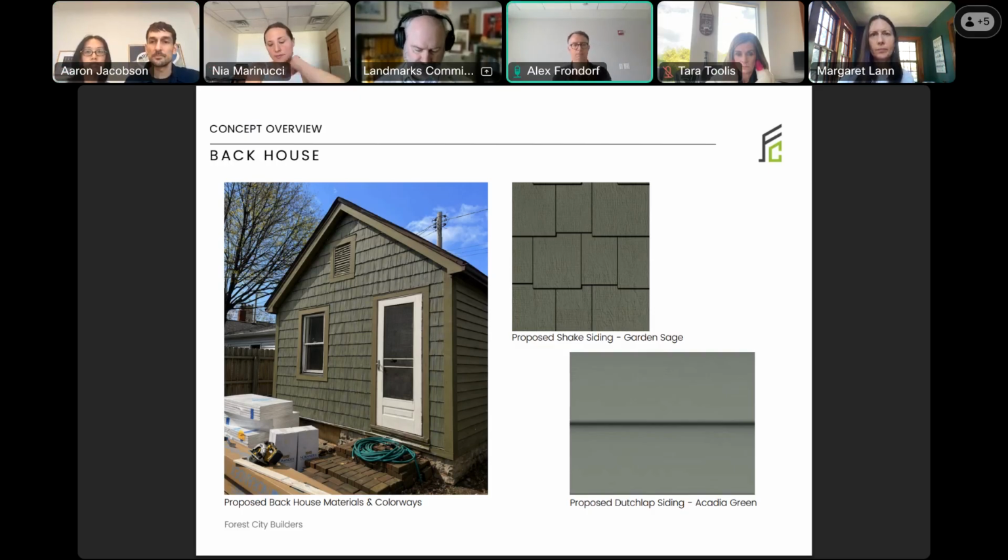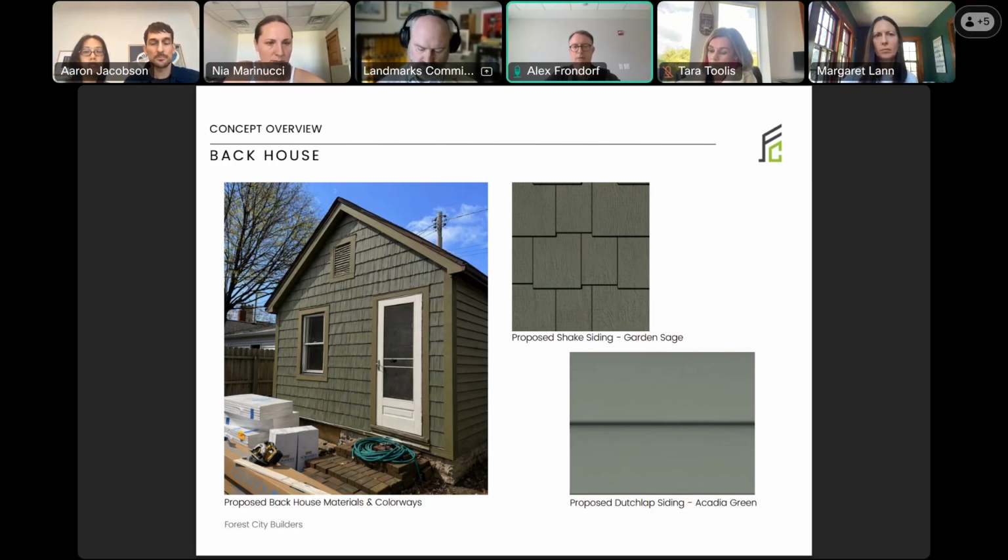I'll start. I'd like to bifurcate them unless anyone has an objection. For the back house, that's the alley facing house, I move to approve on the condition, and it is a condition, that the alley facing facade be reclad in a Hardie or similar material that staff can administratively approve.